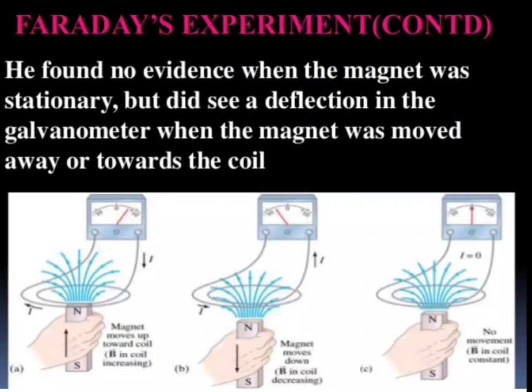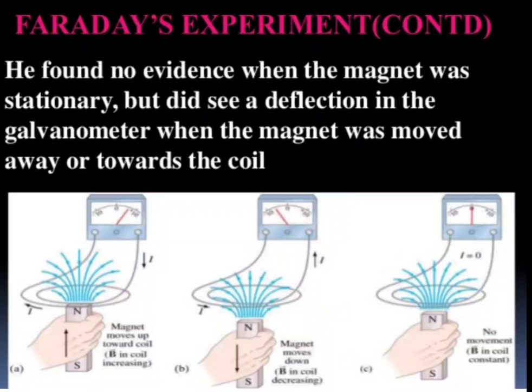The galvanometer is used to measure very small values of current. Whenever the magnet moves towards the coil, the galvanometer shows some deflection. In the second figure, when the magnet moves away from the coil, the galvanometer shows a negative deflection.